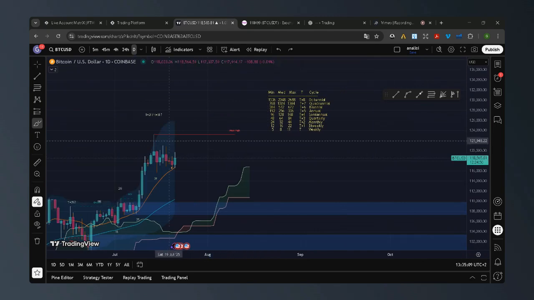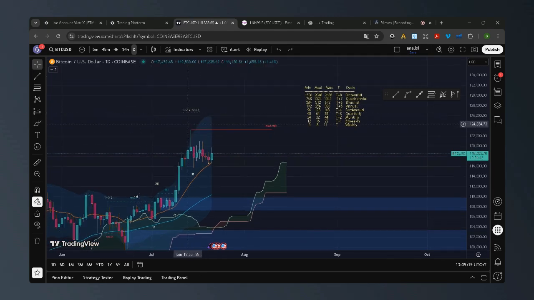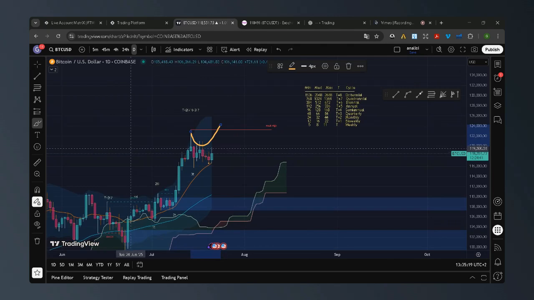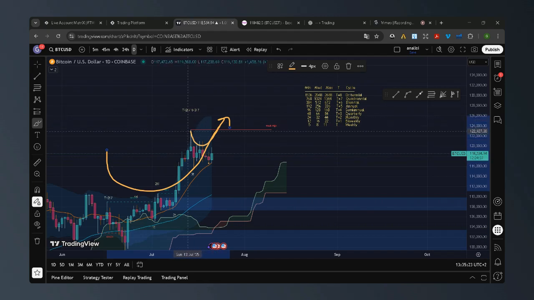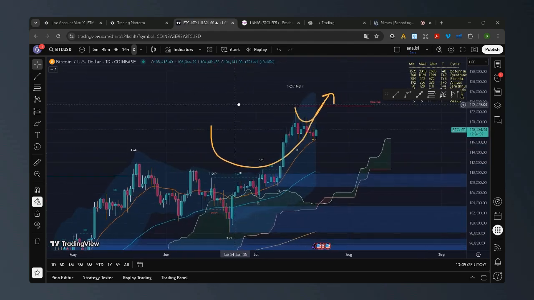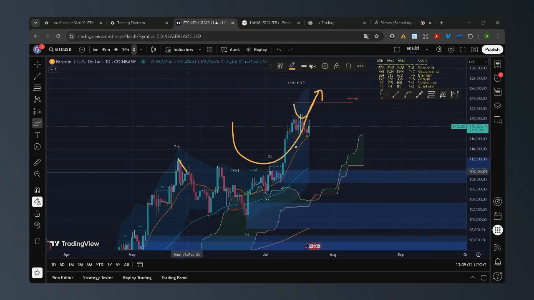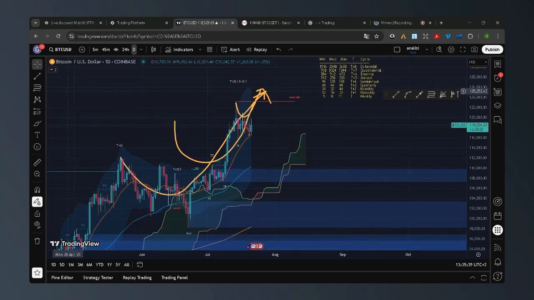We can expect the closure of two cycles. We expect the closure of this weekly cycle. We can expect the closure of this monthly cycle if not started there, and also we can expect the closure of the quarterly cycle. What does this mean?